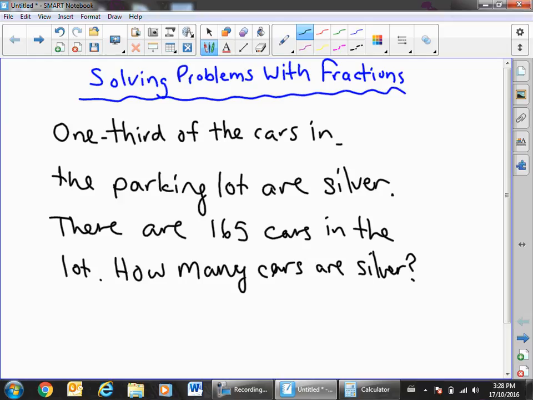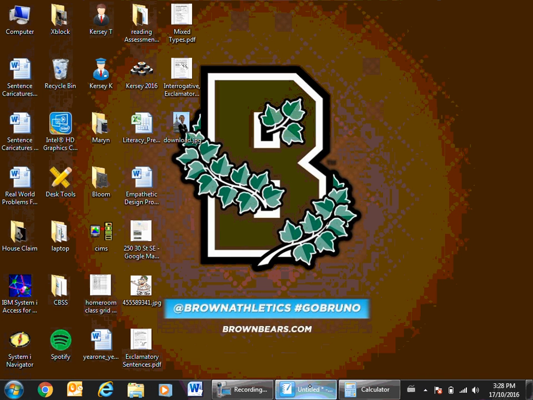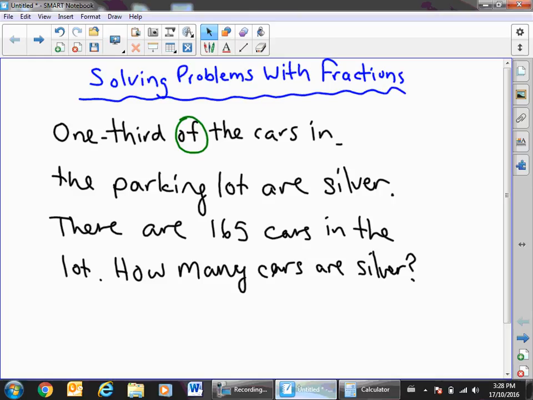The key word for us to pay attention to is this word right here, "of." When we think about that, we immediately start to think about multiplication. 1/3 of another number.